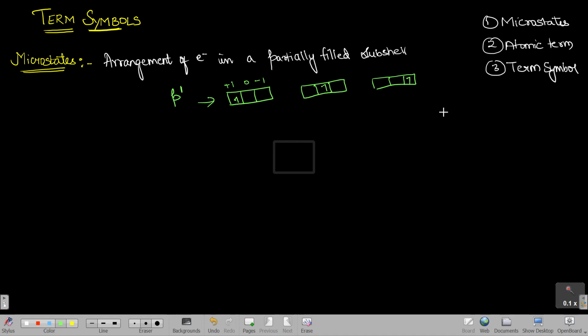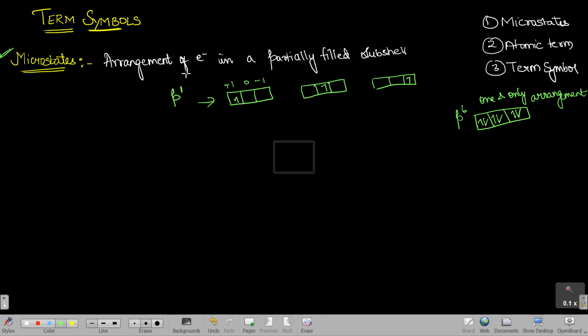Say for example p6, which means you have all 6 electrons filled in all the 3 orbitals of p, so there is no other possibility of filling. This is the one and only arrangement that is possible. Whenever you have partially filled orbitals, then only we talk about this word called microstate. In a fully filled orbital, we won't have this concept of microstates, nor will the concept of degeneracy arise.